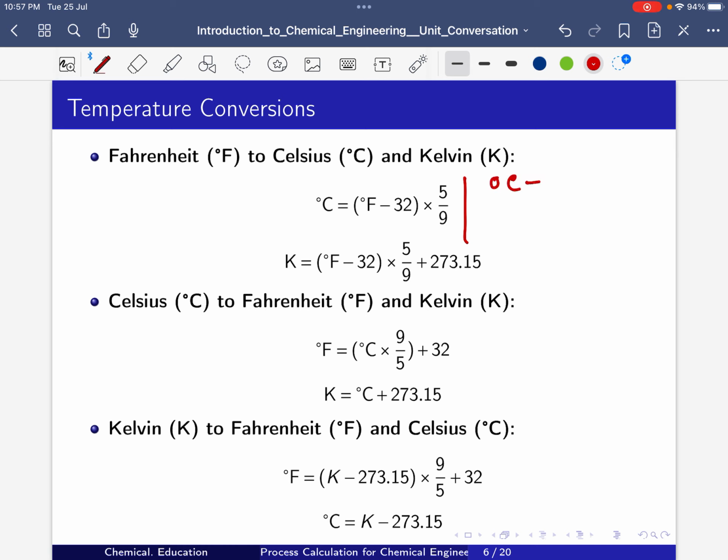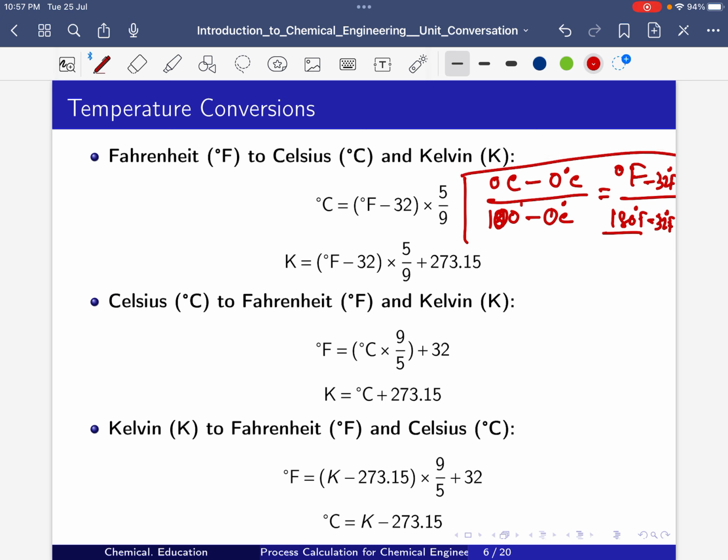Degree centigrade minus the freezing point of water, 0 degree centigrade, over the boiling point, 100 degree, minus the freezing point, is equal to degree Fahrenheit minus 32 degree Fahrenheit, the freezing point, over 212 degree Fahrenheit, the boiling point, minus 32 degree Fahrenheit. From this equation we get degree C is equal to (F minus 32) into 5/9. If we know the Fahrenheit degree, we put it in and get the degree centigrade.